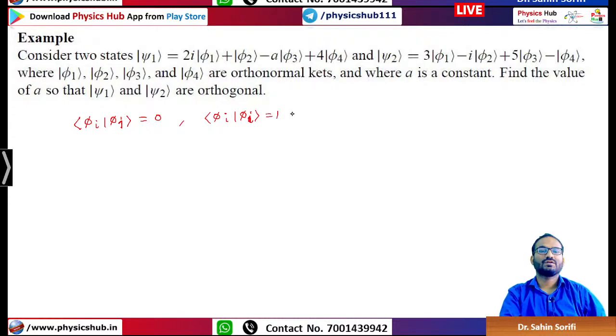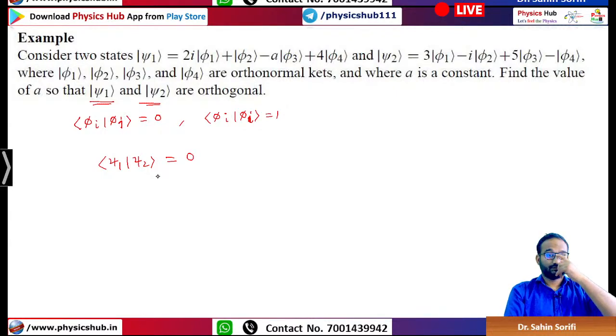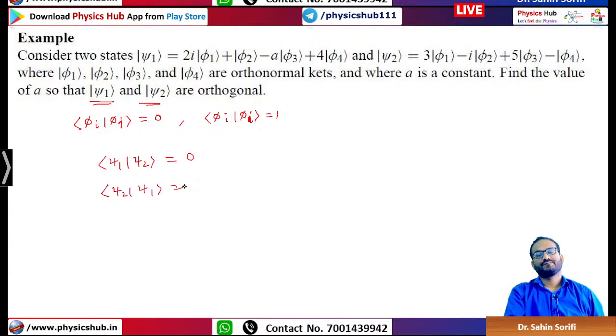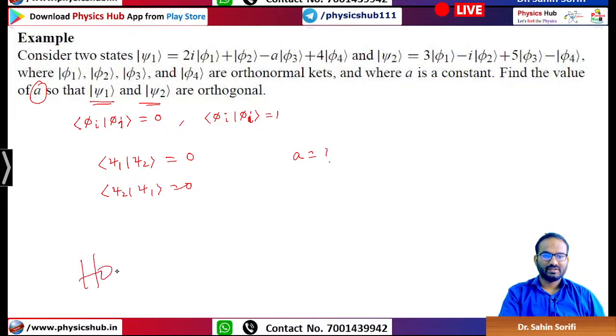This is the meaning of orthonormal, na? Find the value so that psi 1 and psi 2 are orthogonal, means the scalar product of psi 1 and psi 2 is 0. That is the meaning. So whether you calculate psi 2 psi 1 or psi 1 psi 2, whatever you calculate, that should be 0. So you have to find out the value of E. Will you be able to do it at home? Take this as homework.